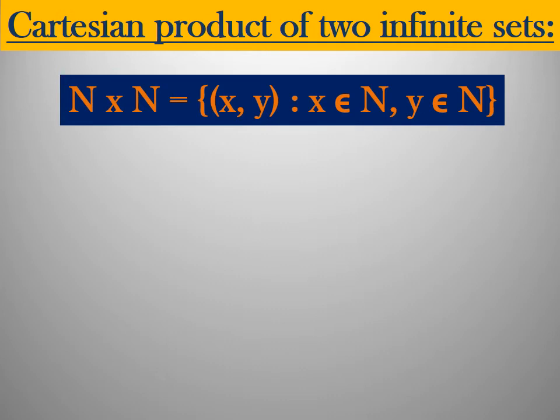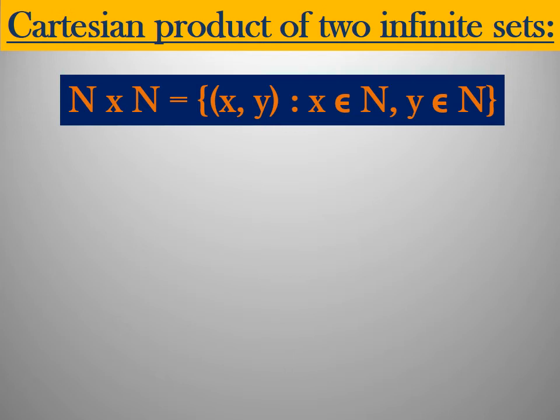Like N. When I say I want to find the Cartesian product of N crossing N, I will represent N on the horizontal line and another N on the vertical line, and cross each item on the horizontal line with each item on the vertical line, and we'll find the Cartesian product, which will be infinite too, and we will see that in the next slide.